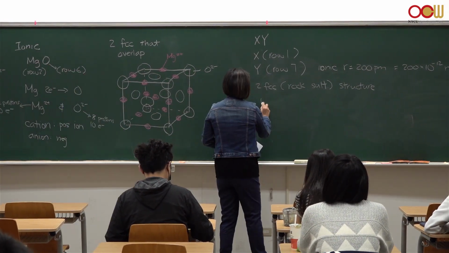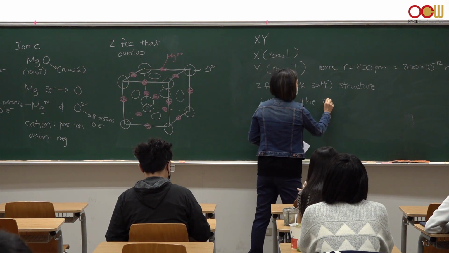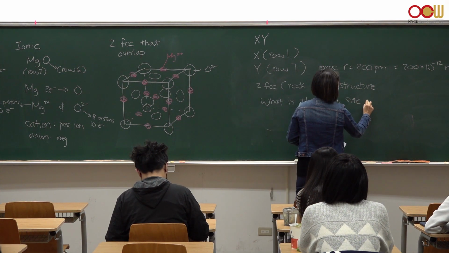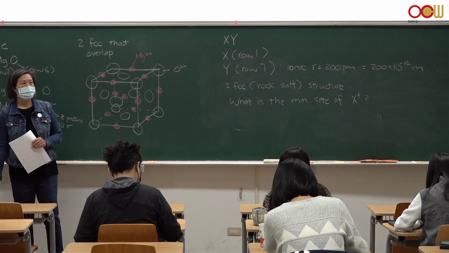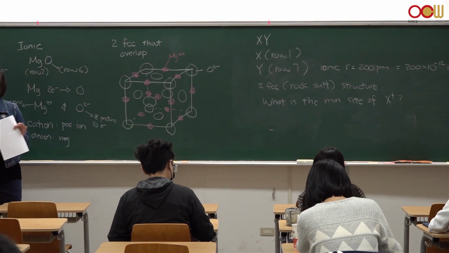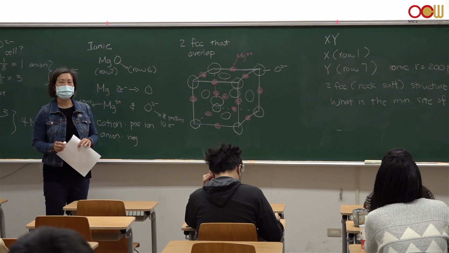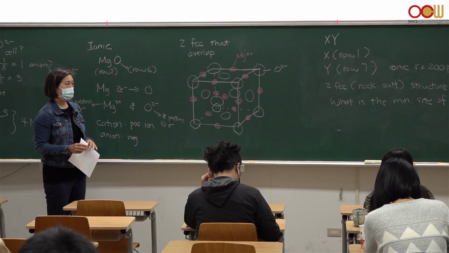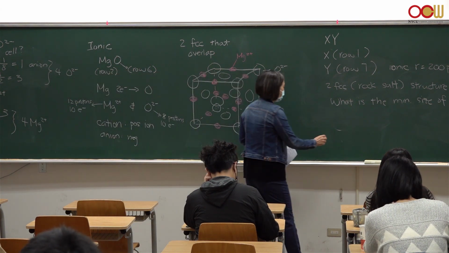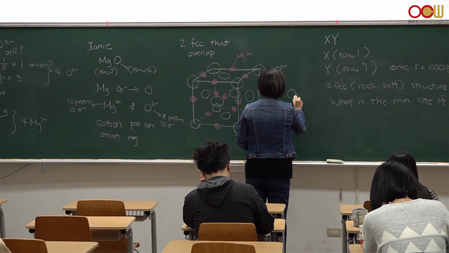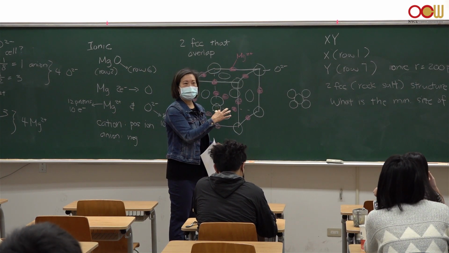Okay? So I want you to calculate what is the minimum size of X plus that would allow it to fit in this rock salt structure. So not the maximum size, but the minimum size. And the way we would get to the minimum size is if this is our FCC, we're looking at it from the front, right?